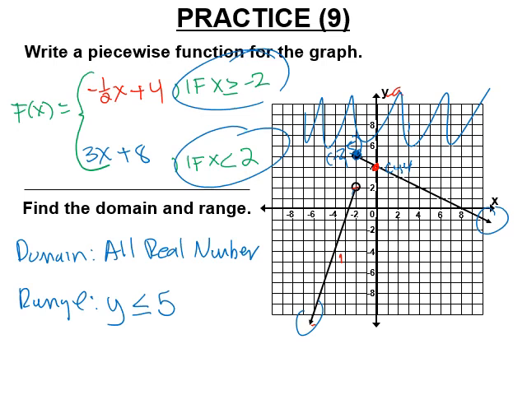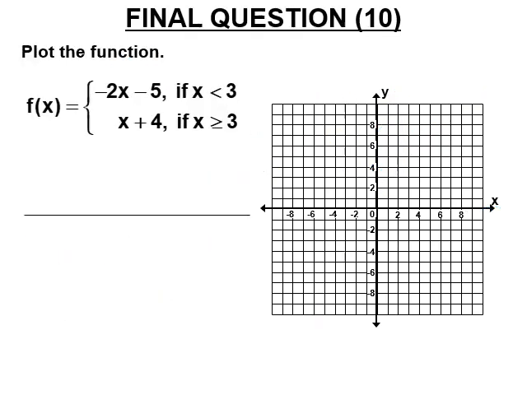And notice these are pointing in the same direction. All right, final question. Plot this. The border is 3. Now, the top one starts at (0, -5) and has a slope of -2.